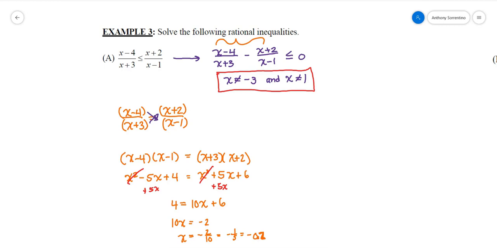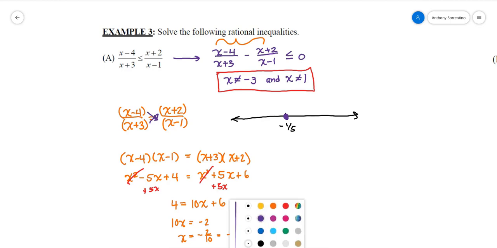So when I go back to my inequality, negative 1/5 or negative 0.2 is a solution. It's a solution that's going to make the left-hand side equal to 0, and I'm allowing that to happen, so it's going to be a closed dot. Negative 3 and 1 are places where the graph could change from positive to negative without necessarily passing through a 0.